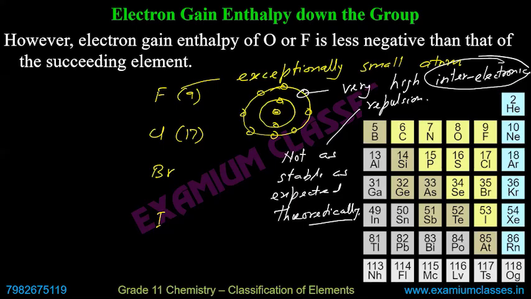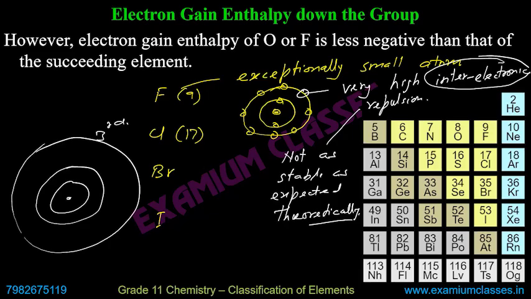But in case of chlorine, it is the third shell, and the third shell is significantly larger, and it has again only 7 electrons. In fluorine, the second shell was very small with 7 electrons.